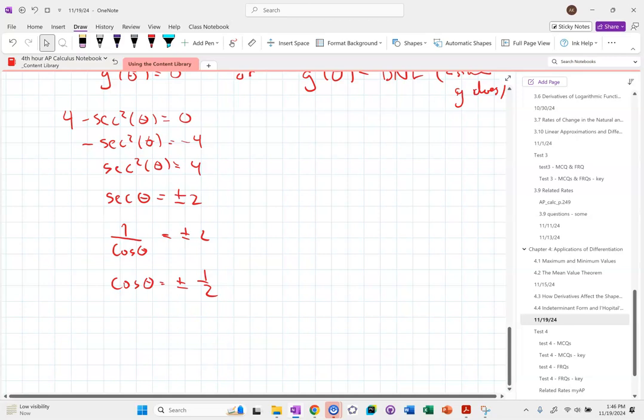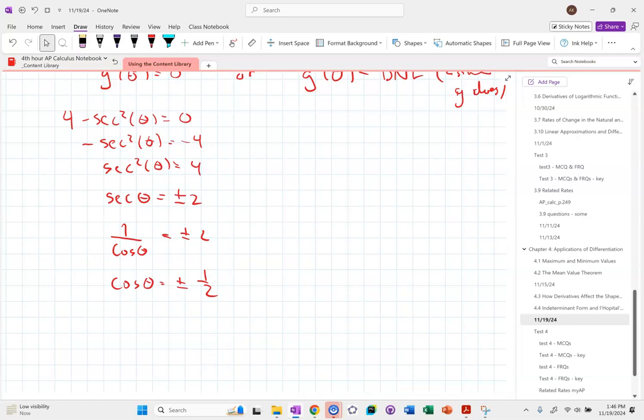I recognize 1/2 as a unit circle value. Cosine of 1/2 is where the x is small, so that would be at pi over 3, and then 2 pi over 3, and then 4 pi over 3 and 5 pi over 3, I believe.